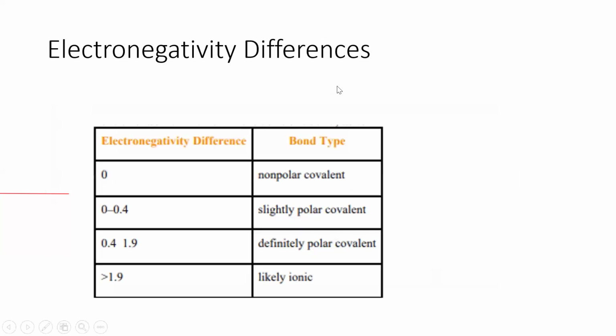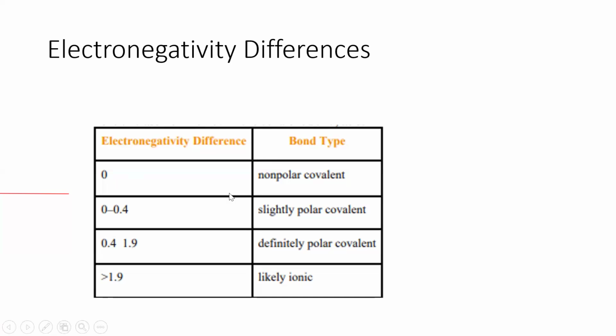So with this electronegativity difference, we can say whether the bond is non-polar, slightly polar, definitely polar, or ionic, depending on the difference. When the electronegativity difference is 0, that means non-polar.